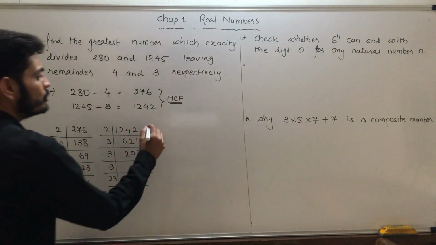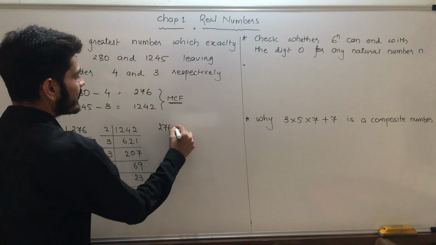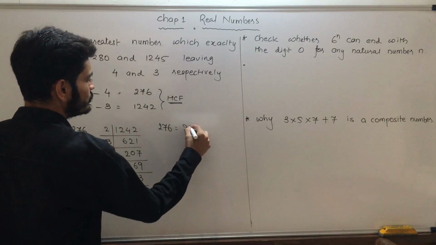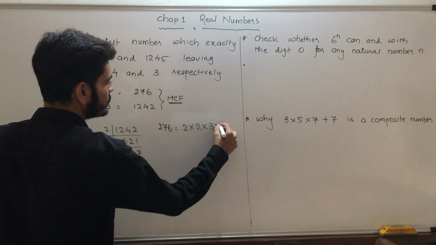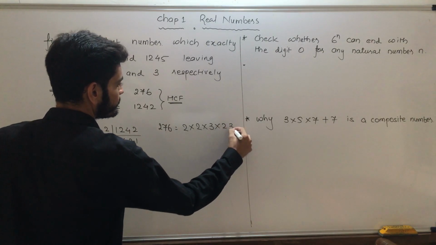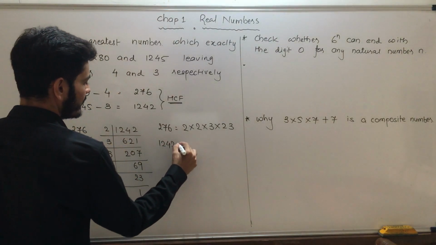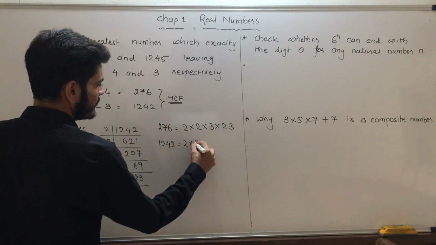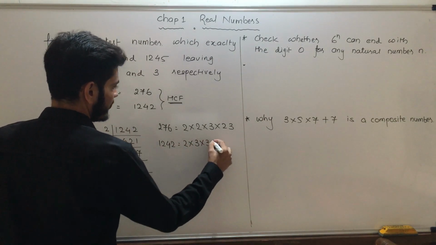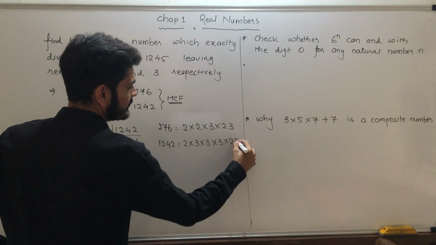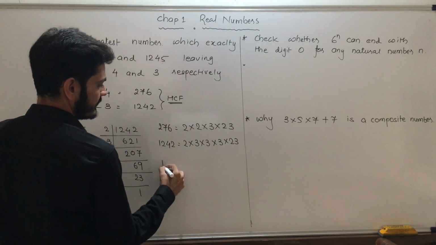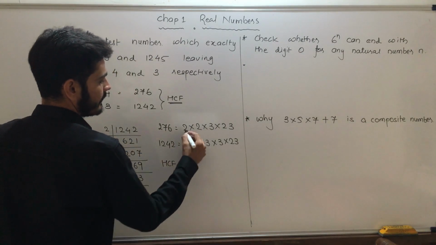So here 276 can be expressed as 2 into 2 into 3 into 23. Got it? And 1242 is equal to 2 into 3 into 3 into 3 into 23. Now let's find the HCF of the two numbers.